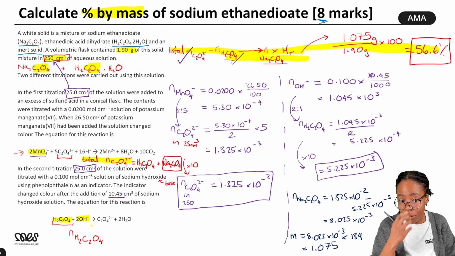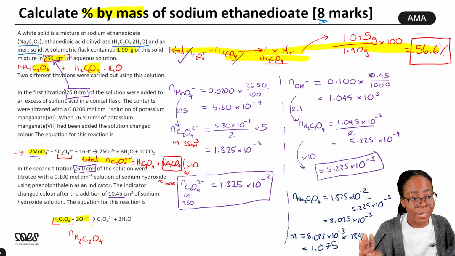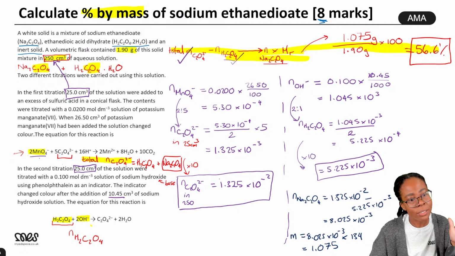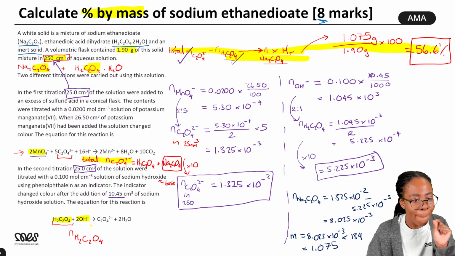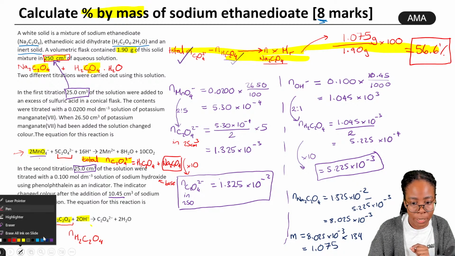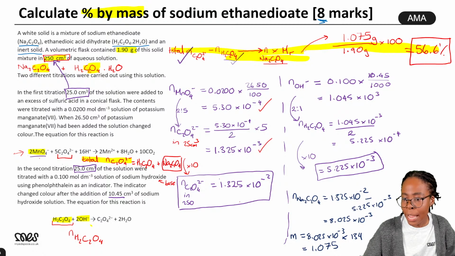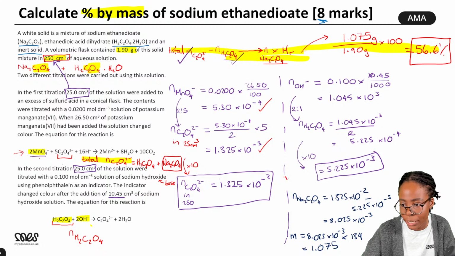But also, the nicest thing about this question is that you can get so many marks without even figuring out this bit. Figuring out that you have to subtract one from the other is worth a minimal number of marks compared to the marks you get from calculating the moles. If you could spot from your general understanding of titrations that you calculate the moles of the manganate, use the ratio to find the moles of the ethanedioate, and scale, you don't get the scaling mark twice; you get it once for both of these.